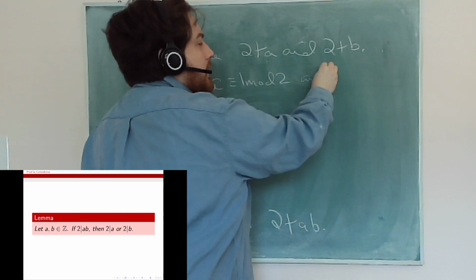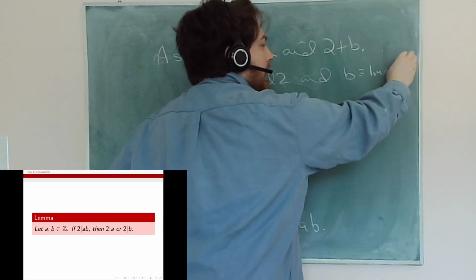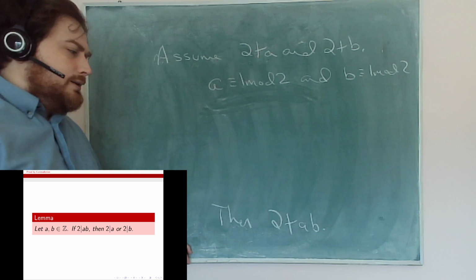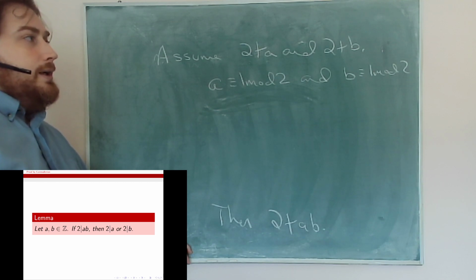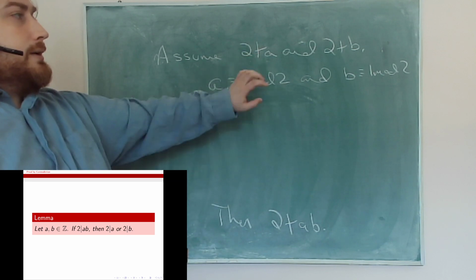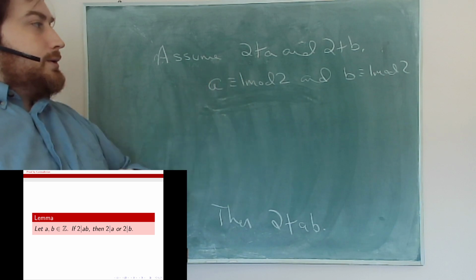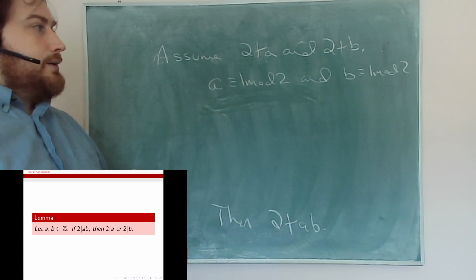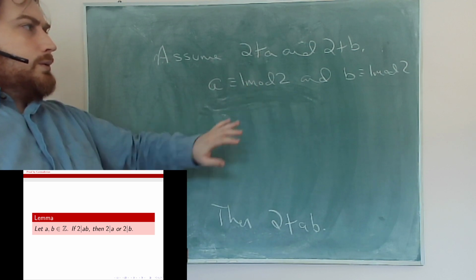And this is saying that B is congruent to 1 mod 2. And again, I'm going to use mods here because it's going to save me some algebraic manipulations. But the idea is that 2 does not divide it, therefore it's not even, therefore it must be odd. We could also write A as 2k1 plus 1, B as 2k2 plus 1, and use that algebraically, but I think this one will work out nicely.